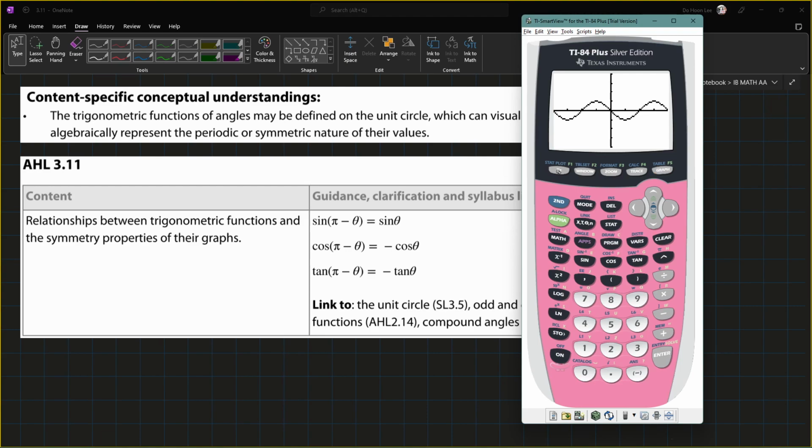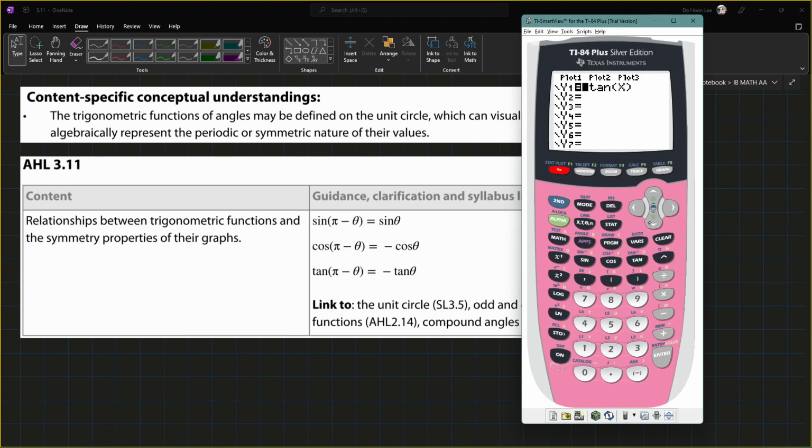Let's look at the negative tangent x. Unlike the usual tangent x, I can see that the negative tangent x goes downwards, right? I can't replicate this by doing horizontal shifts or vertical shifts.